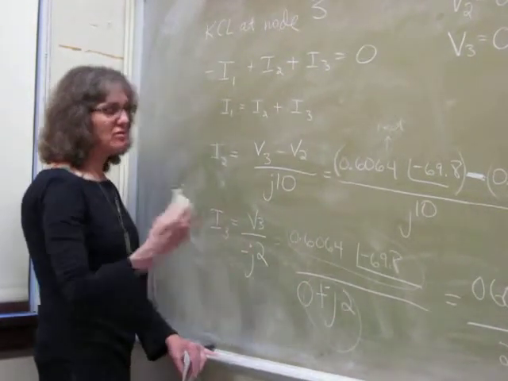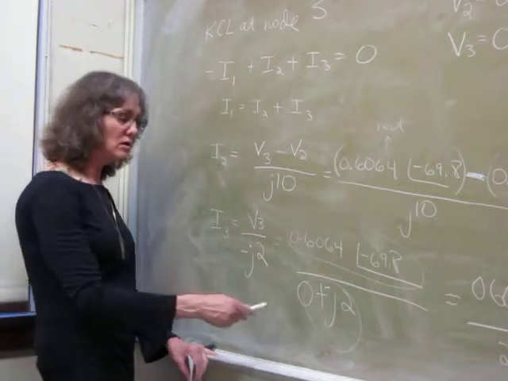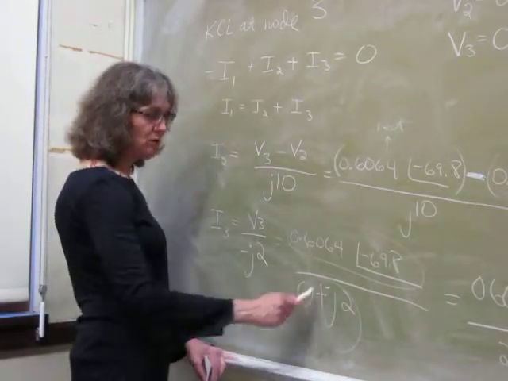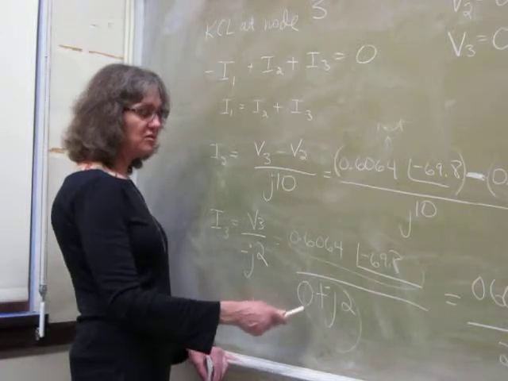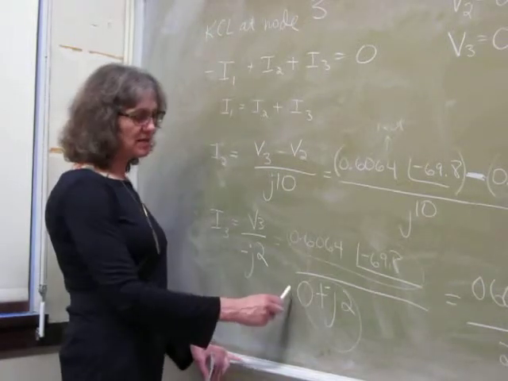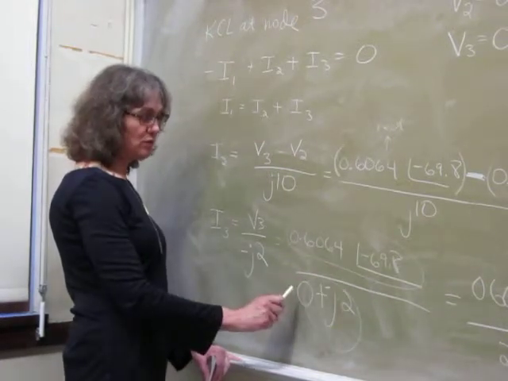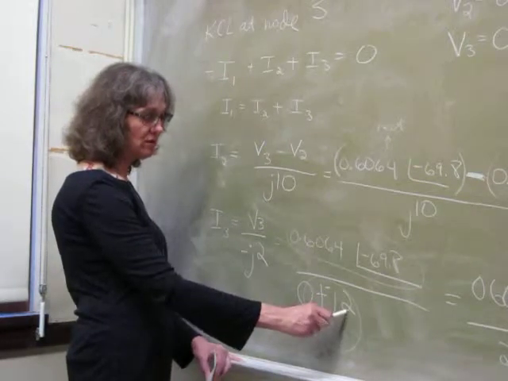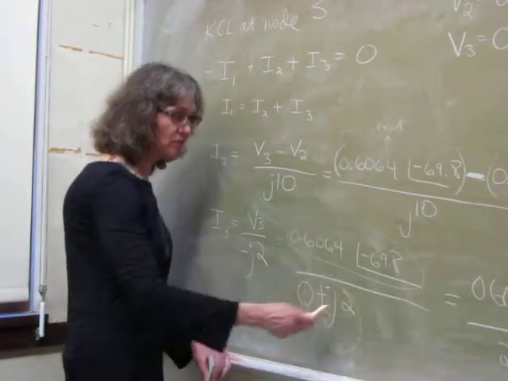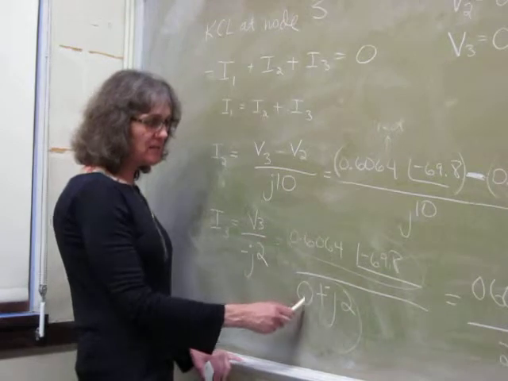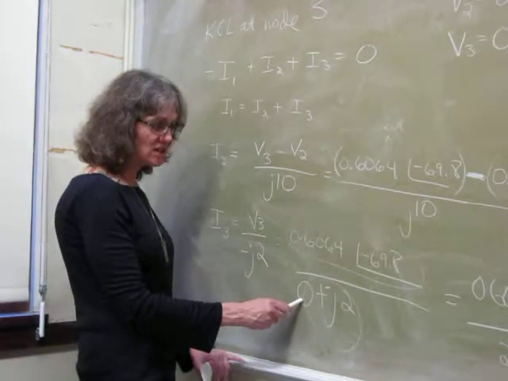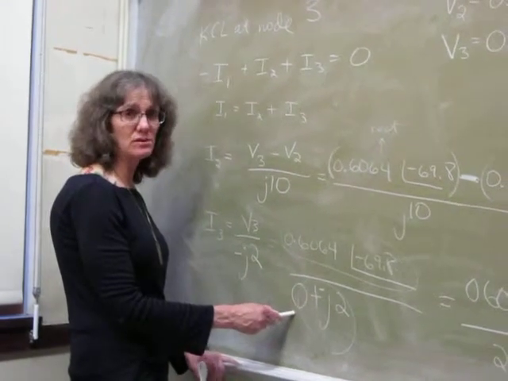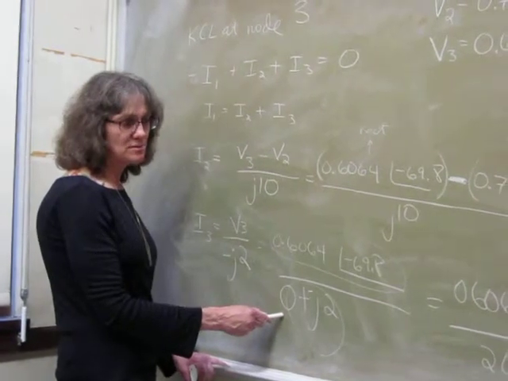To convert rectangular to polar, the magnitude is the square root of the sum of the squares of the real plus the imaginary. So that's how I got the 2. The square root of 0 squared plus minus 2 squared is 2. And then you get the angle by taking the inverse tangent of minus 2 over 0, which is minus 90.